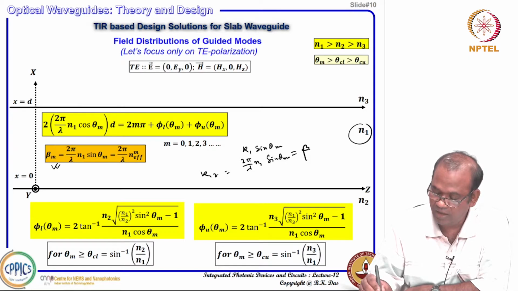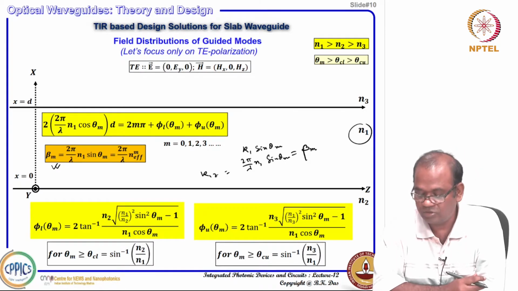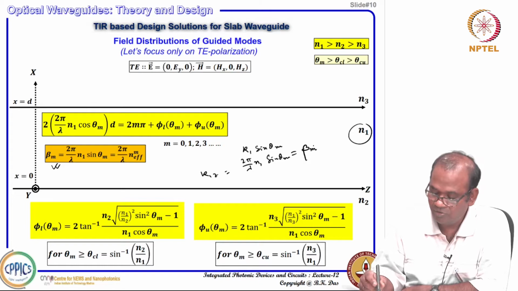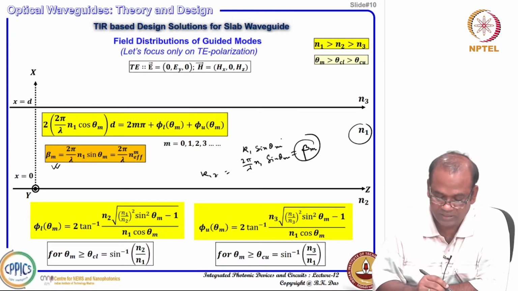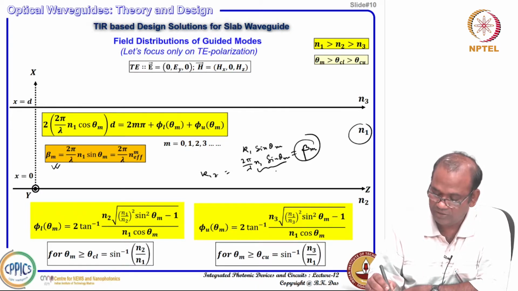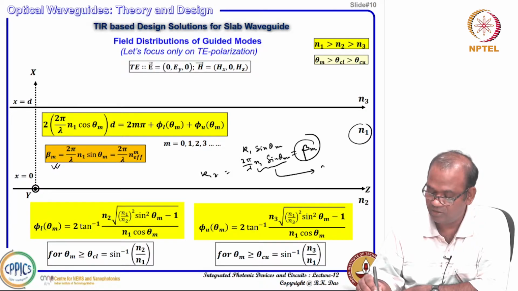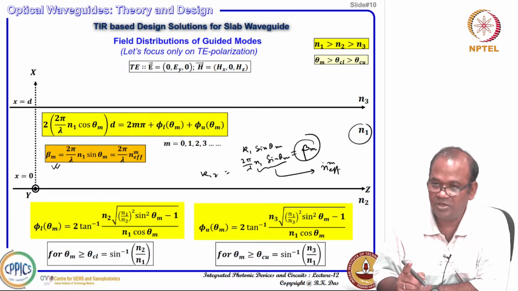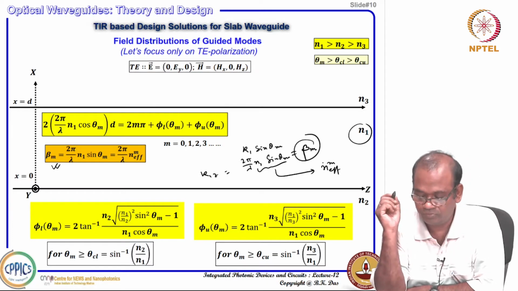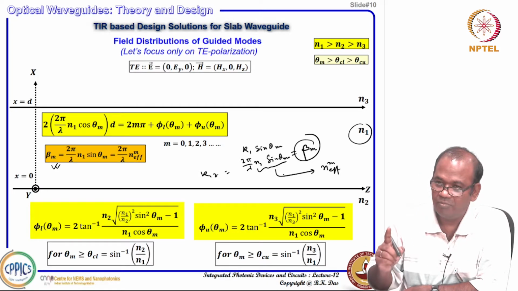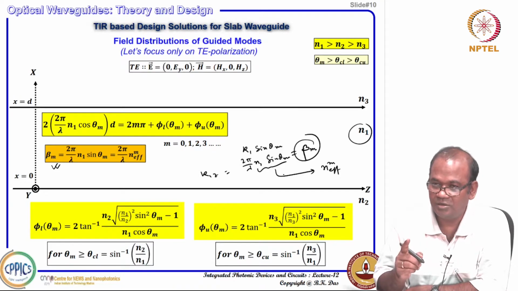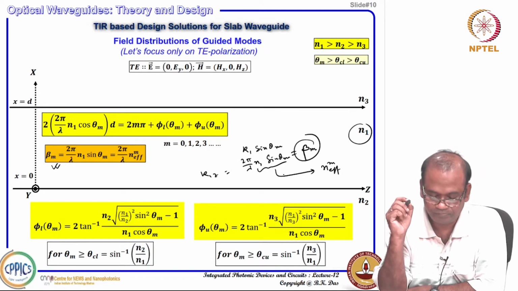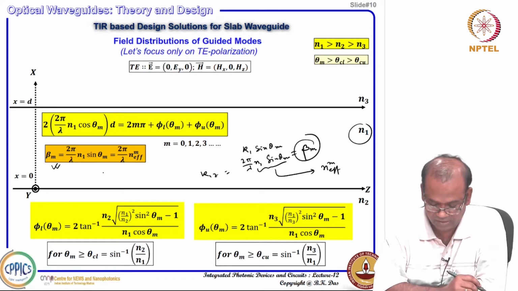If I put theta m, then I will write beta m, because theta m is discretized. So, beta m also will be discretized, and this n1 sin theta m we separately call n effective m. That means, the effective index of the mth guided mode, and beta m is the propagation constant of the mth guided mode.